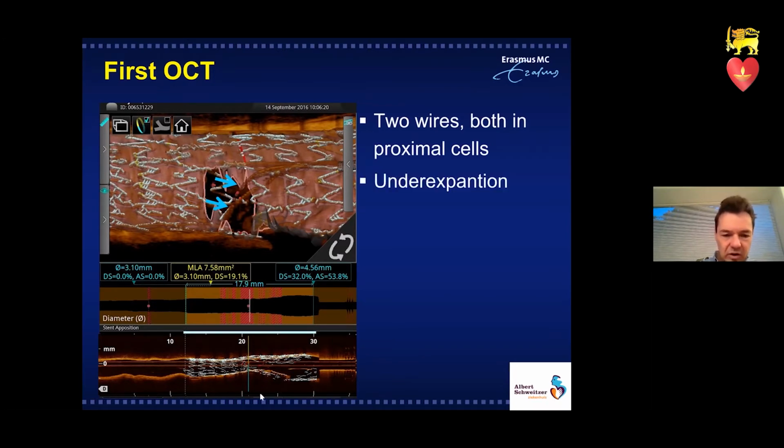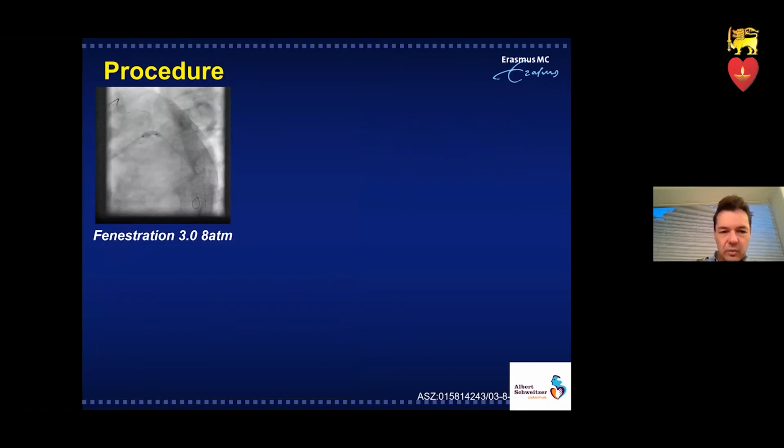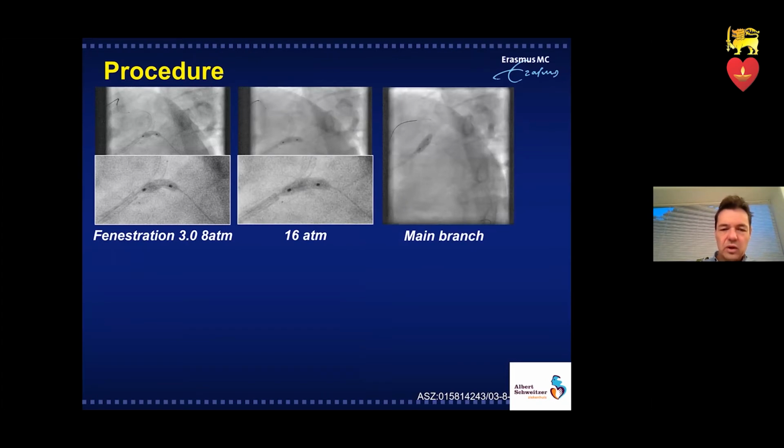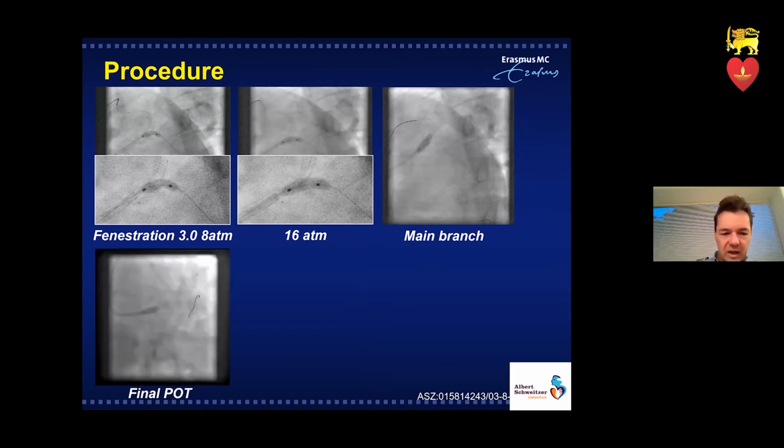And in the other section, in the longitudinal reconstruction, you can see we have underexpansion in the distal main, just to the bifurcation area. This is not optimal yet, but we have full apposition in the proximal main branch. There's no disconnection, so we have to use a larger balloon, a new wire, to be sure that we have better opening of the side branch.